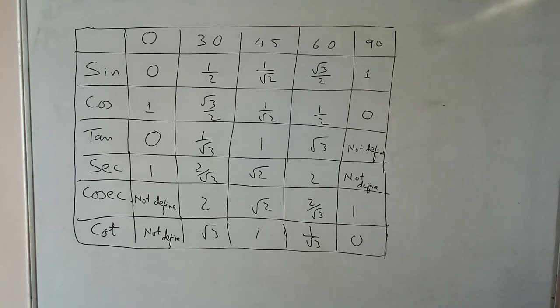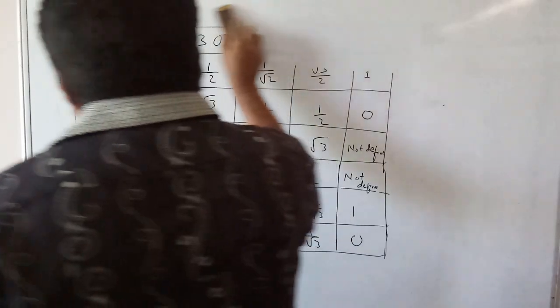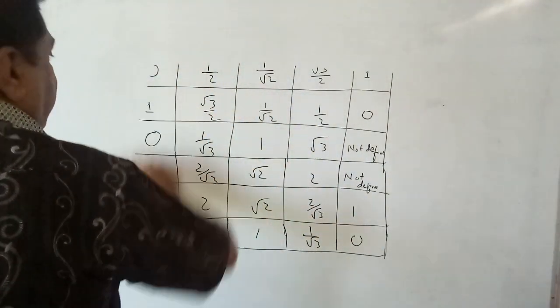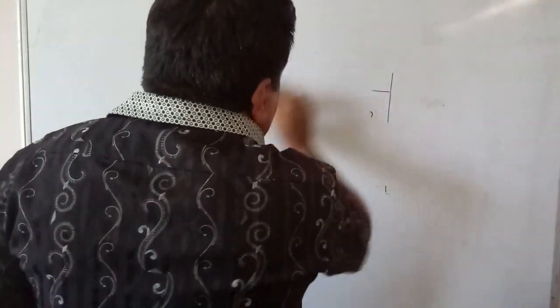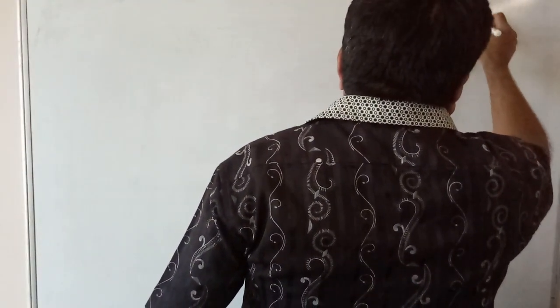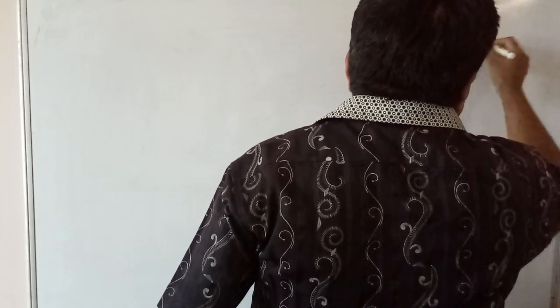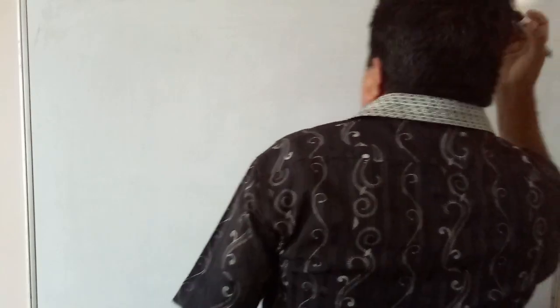From that formula you can convert any ratio into another ratio. First of all, you should know that sine is always converted into cos, sec can convert to cosec, that you should know which is converted into which.